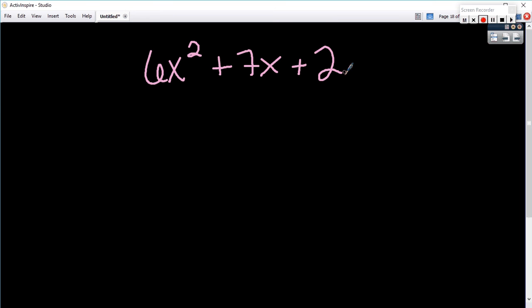So do those have a GCF? No. So I'm good with that. The second thing says to check your signs. Look at this and look at the chart and tell me what your signs are going to look like. Plus, plus. If the signs are the same, even if they're both negative, you don't have to keep up with the signs at all.